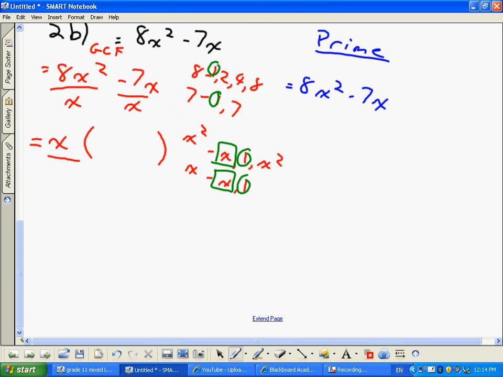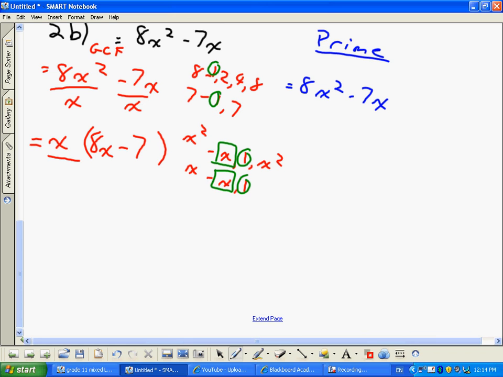Try to remember your exponent rules. The x's cancel out because there were two of them there, and there's only one on the bottom. What about here? What's this going to be left? Negative 7. That's it. I factored that now, okay? I've taken out an x from both. That was our greatest common factor.